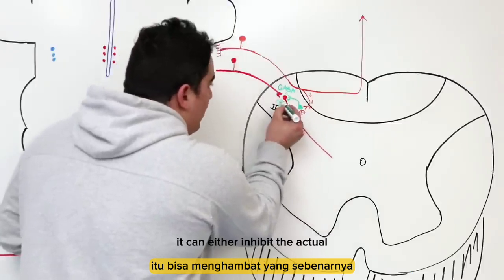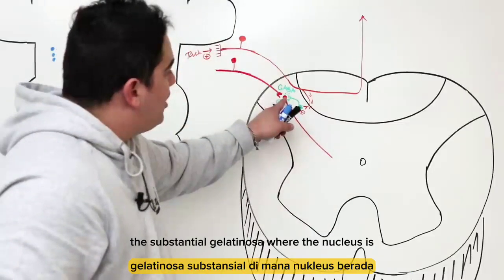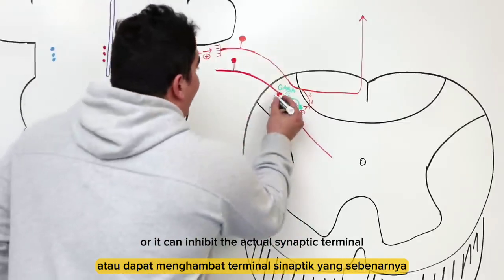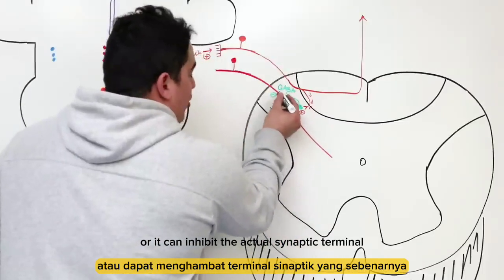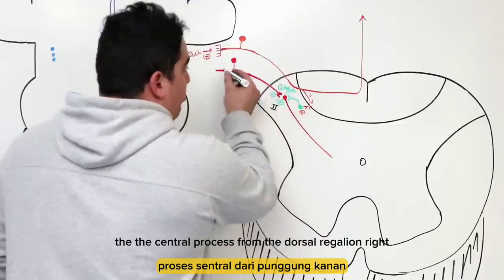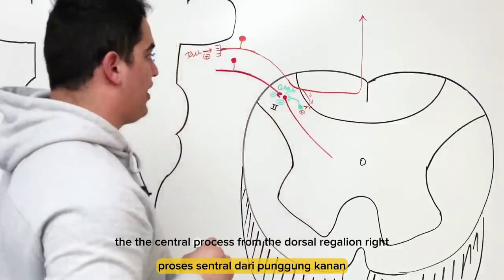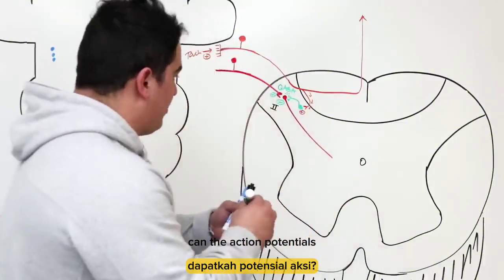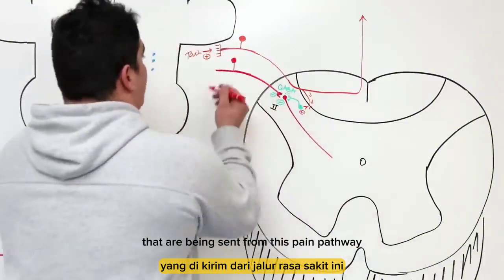It can either inhibit the substantia gelatinosa, where the nucleus, the actual cell body is, or it can inhibit the actual synaptic terminal. So this actual synaptic bulb here of this incoming neuron, the central process from the dorsal root ganglion, right?